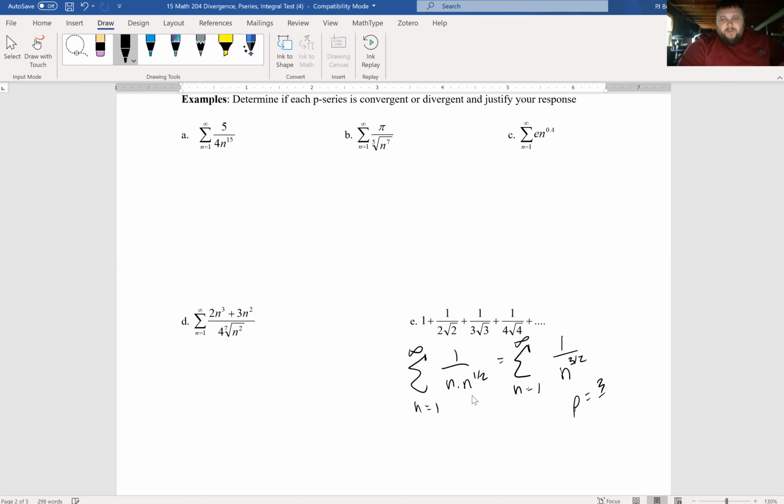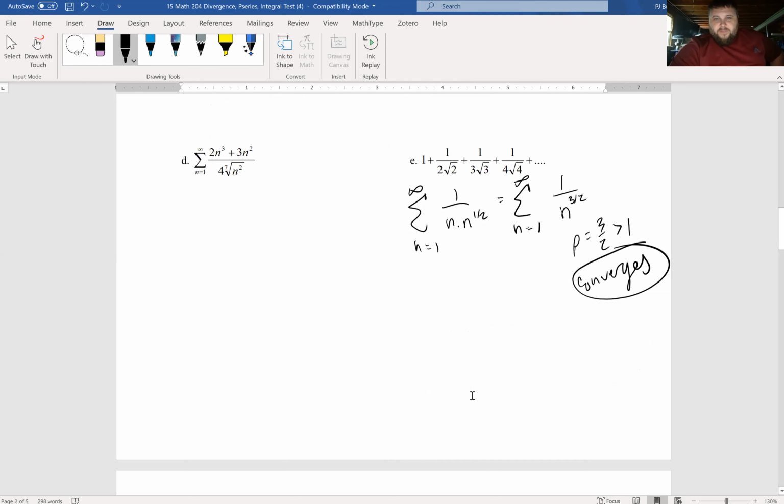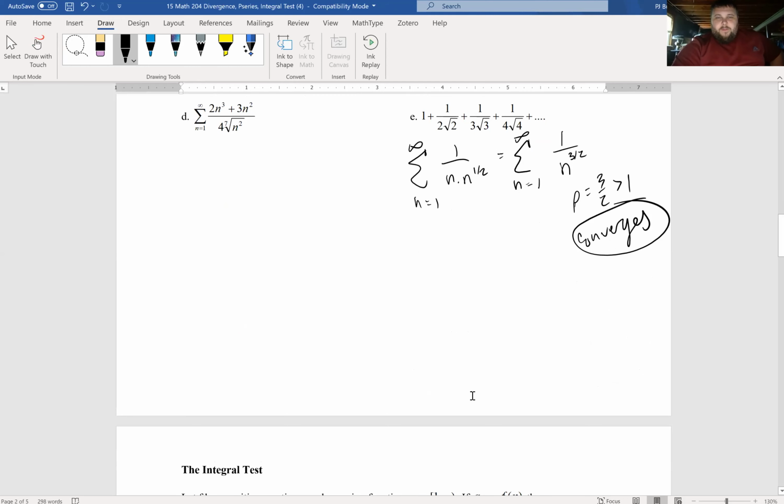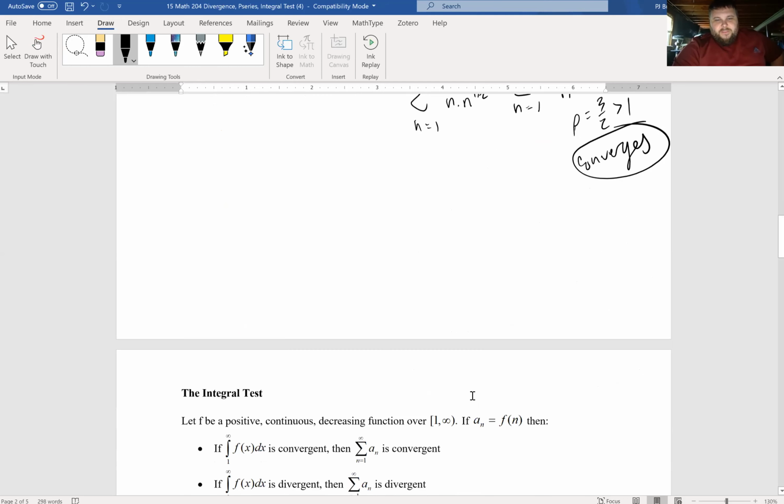So p was 3 halves, greater than 1, and therefore it converges. That one was kind of interesting: it gave you the terms, and you had to turn it into a sum.